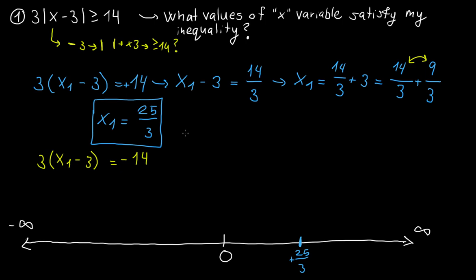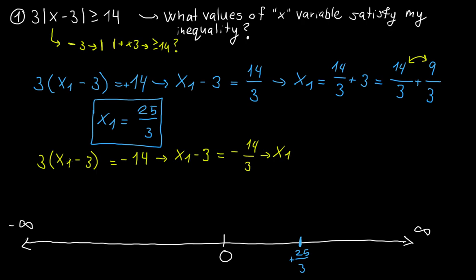And I think I did it wrong. Did I do it wrong? No, I didn't do it wrong. We're going to also check. When you're not sure, we can also check. So first of all, we're going to divide by 3. So right now we have x minus 3 is minus 14 over 3.